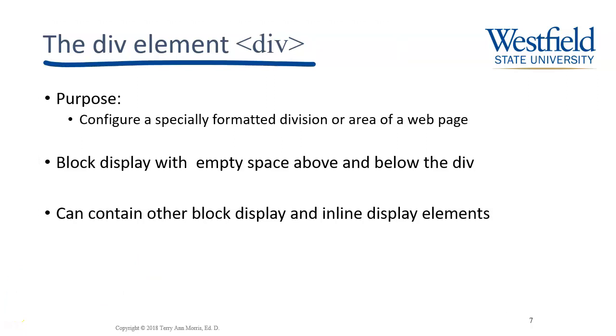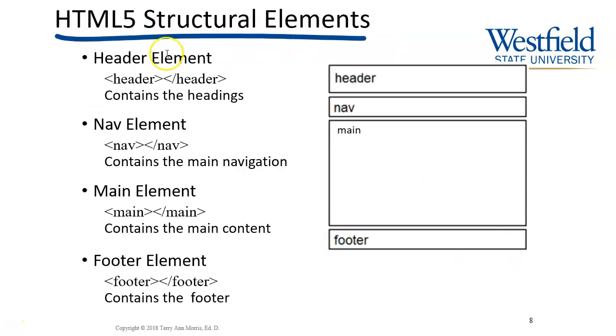Now, starting from HTML5, there are these structural elements that will differentiate where the header of the page is, where the navigation bar, navigation buttons are, and where the main text of the document is. And if you have a footer, copyright, contact info, you can put it inside the footer element. And this gives the document even more structure.